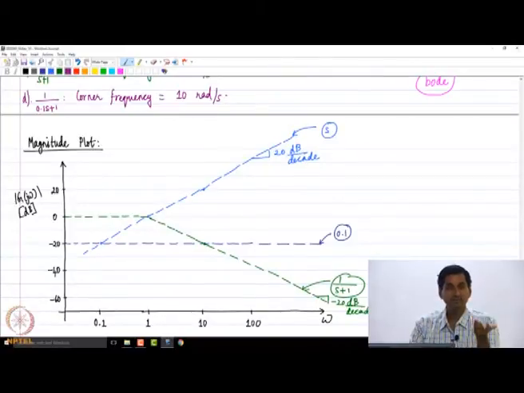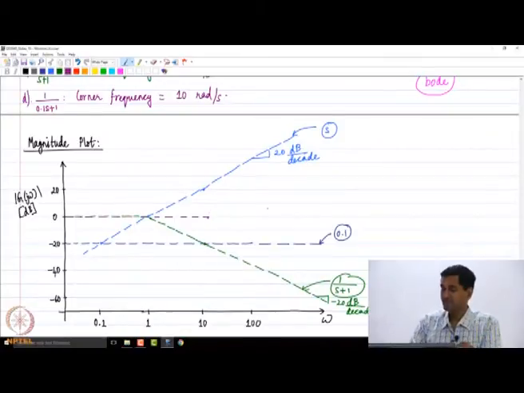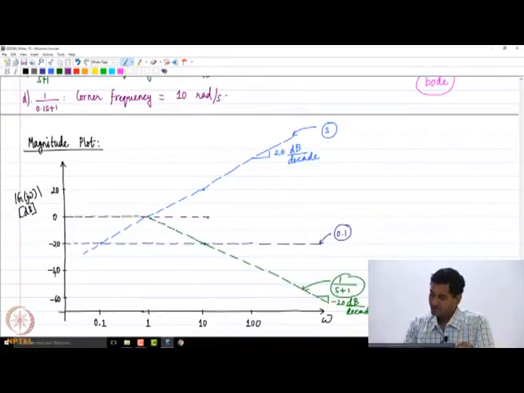So, once again the low frequency asymptote is going to be the 0 decibel line. So, that is going to extend till the corner frequency of 10. So, let us say the corner frequency is somewhere here, till 10 we are going to have the 0 decibel line as the low frequency asymptote. Once again, what is going to be the high frequency asymptote? A straight line with a slope of minus 20 decibels per decade. How can I do that?